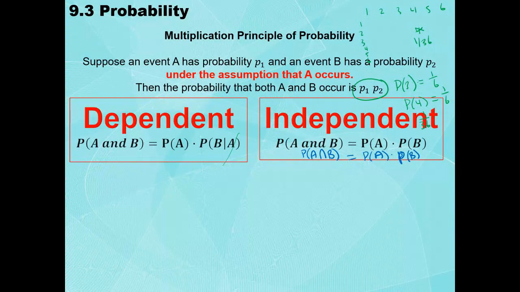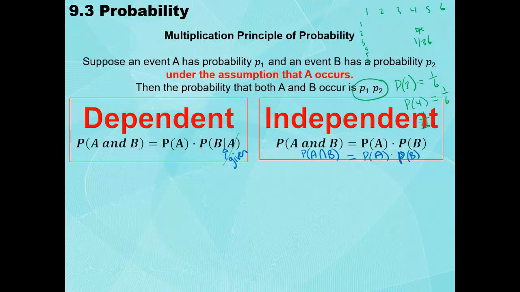One happening doesn't lessen the chance of something else happening, right? However, if they're dependent, meaning one occurring causes the other one to change, like if they happened in a different way, the other one would change, then the probability of A happening and B happening is going to be the probability of A, you start the same way, times the probability of B given A. This multiplication principle assumes that A has occurred, right?